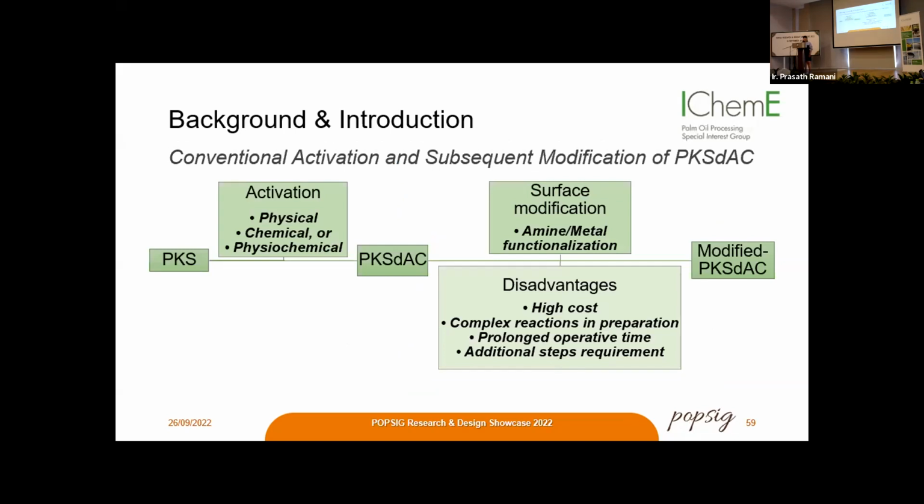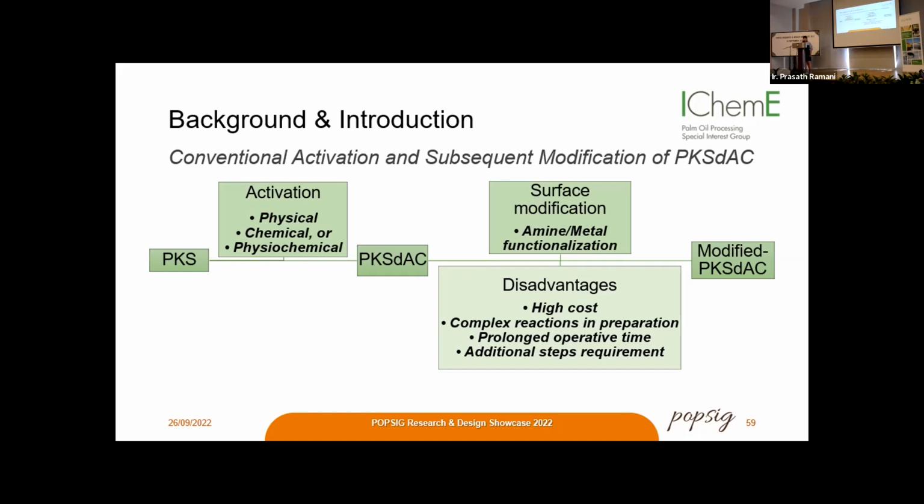PKS-derived AC can be produced through three types of activation processes, namely physical, chemical, or physiochemical activation. For physical activation, PKS is first carbonized to become a carbon-enriched material named char, followed by activation in the presence of oxidizing gases to form AC.